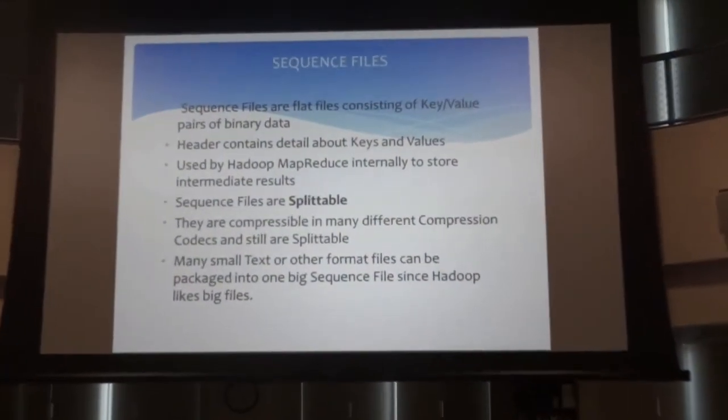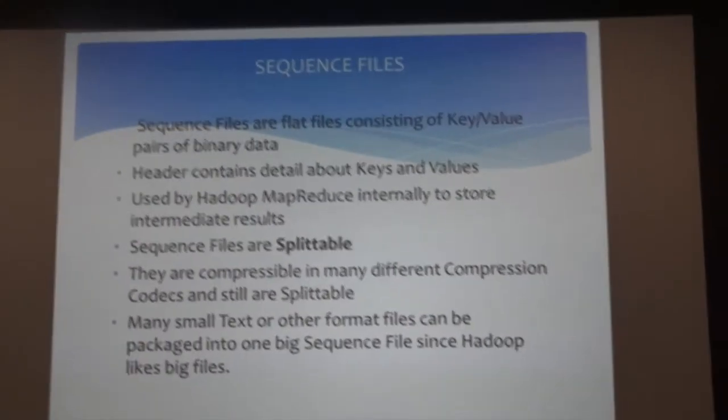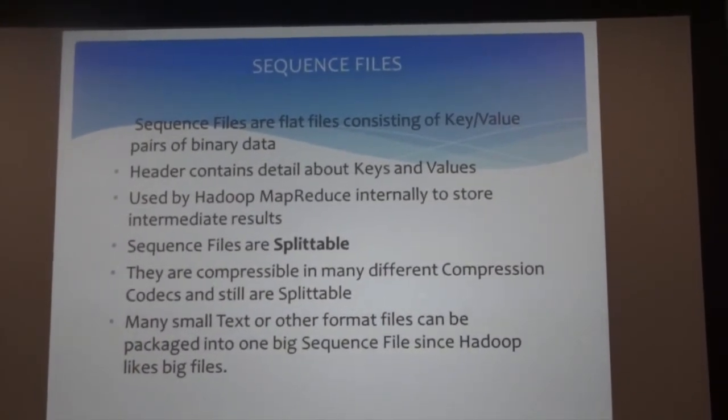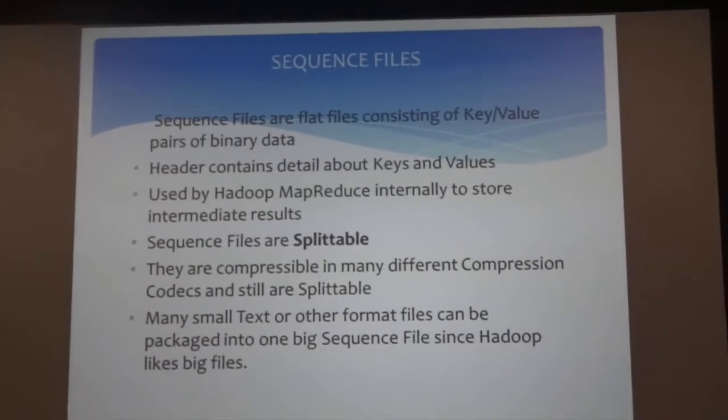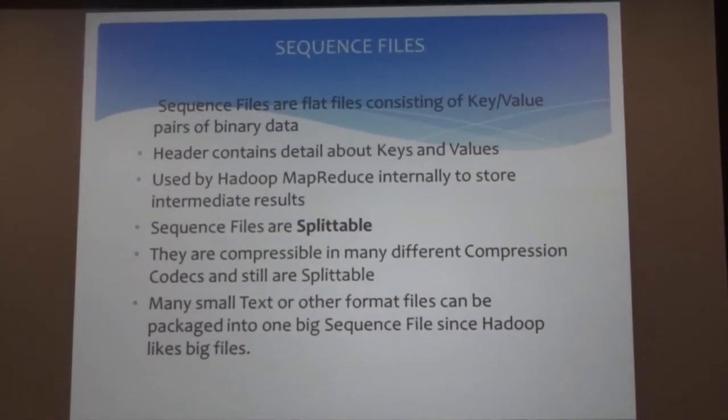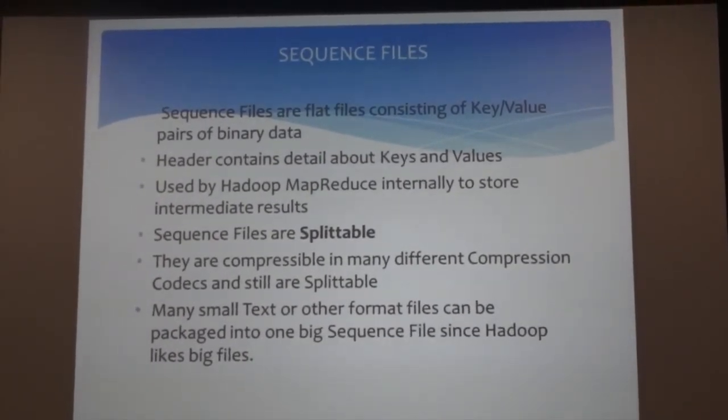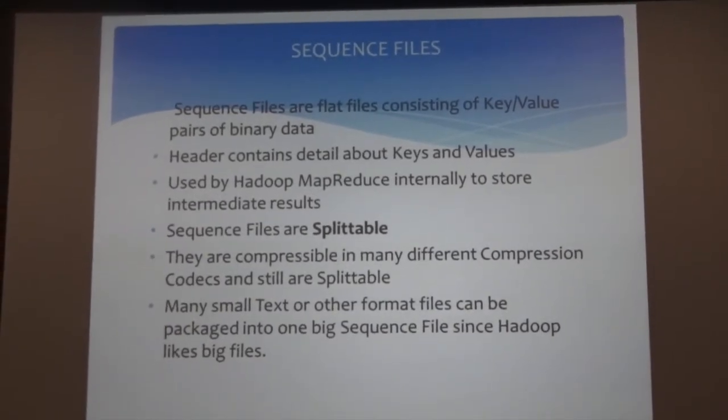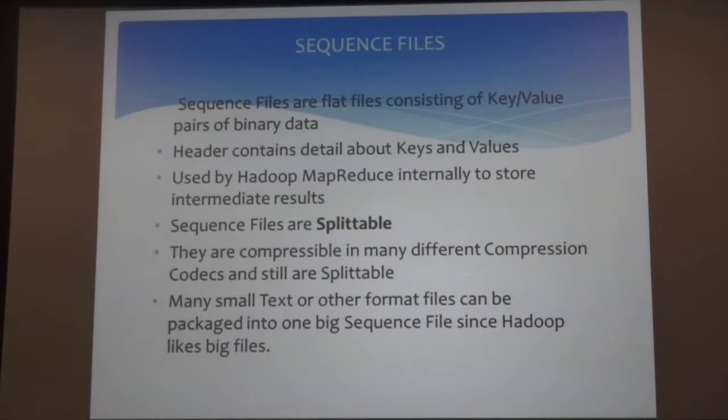Now, sequence files. Sequence files are another type of Hadoop file format, which is also binary, and it uses key value pairs of data. What is in a sequence file? Apart from this key value, there is also header information.